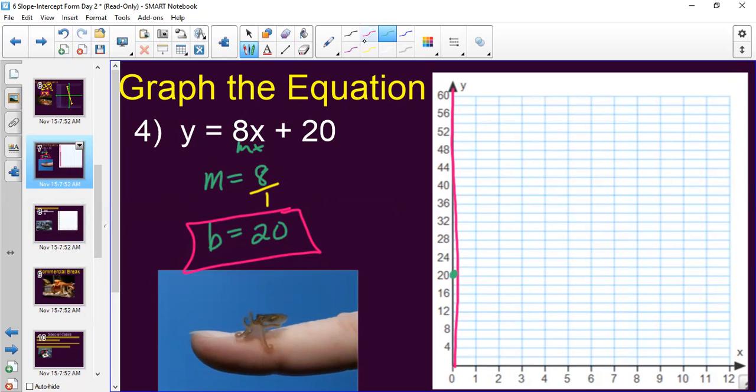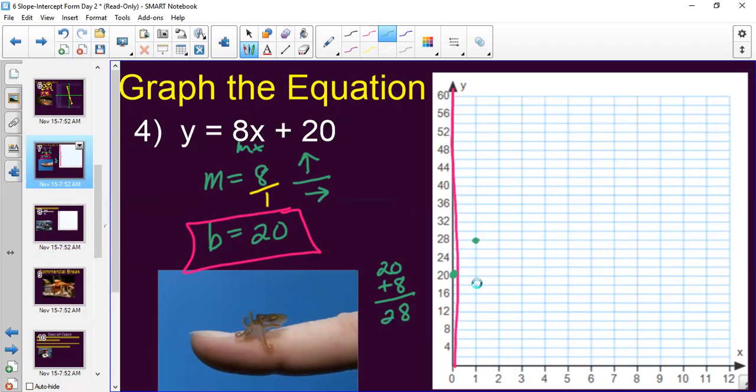And then I'm going to use my slope to get some more points. So we have a rise of 8 and a run to the right of 1. Now, do some math, and if you need to, you can use a calculator off to the side. 20 plus 8, because we're going to go up 8, is 28. So I need to go up to the value of 28, which is right here, and I need to go over one value.